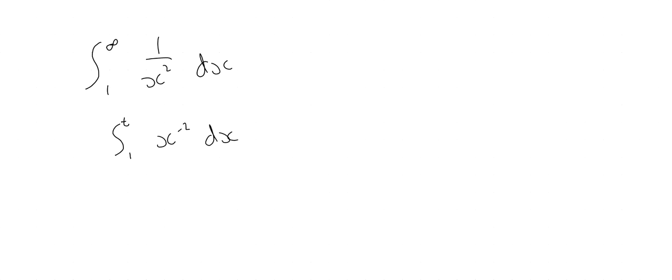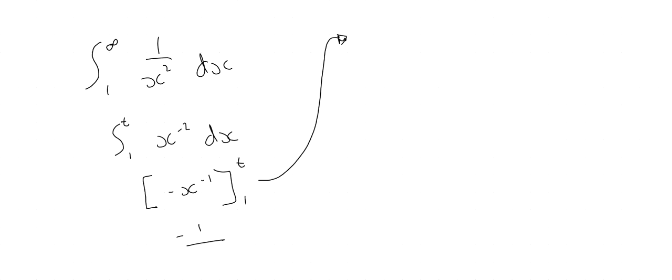All right, so then I integrate this. What do I get? Negative x to the power of -1, and I'm going to go between t and 1. I'm going to rewrite this as -1 over x, because that's what this really means.